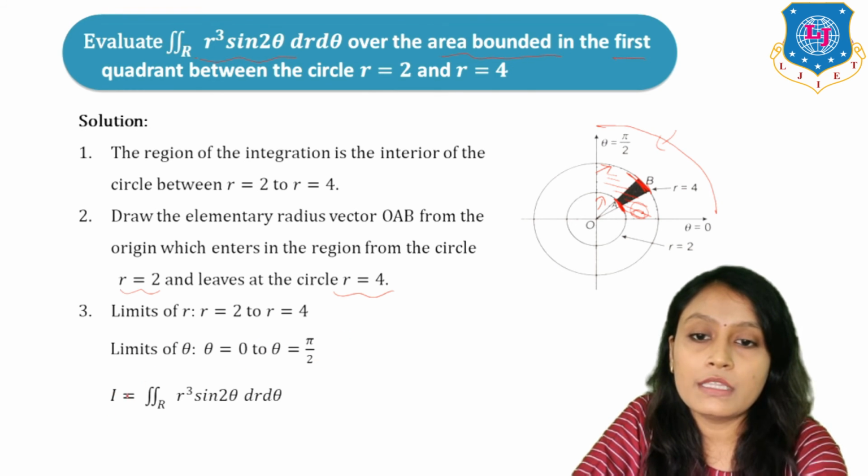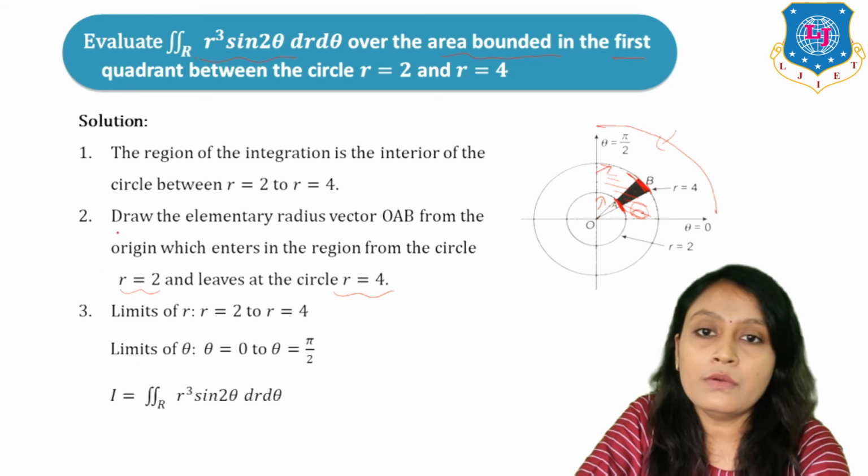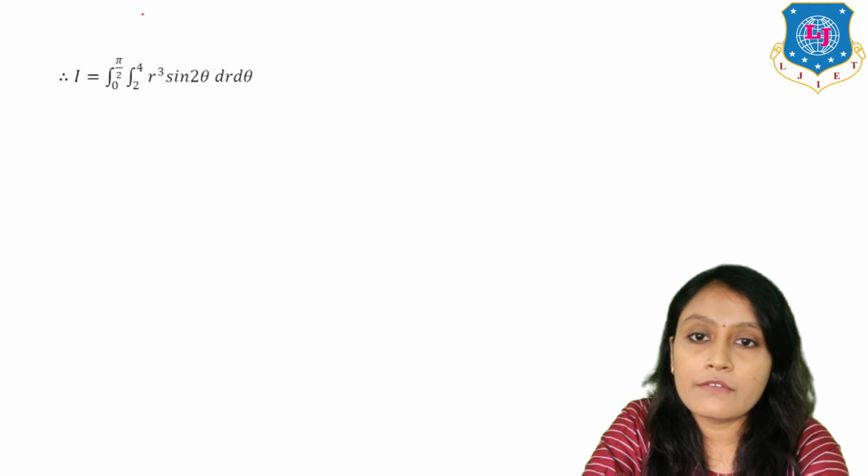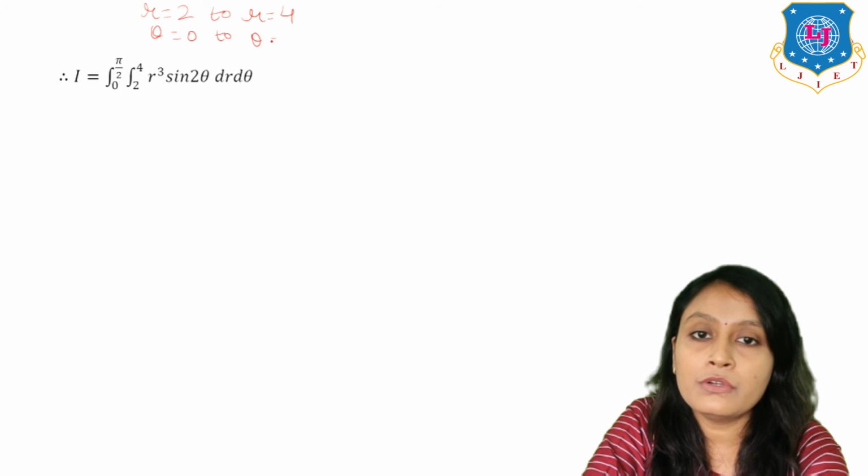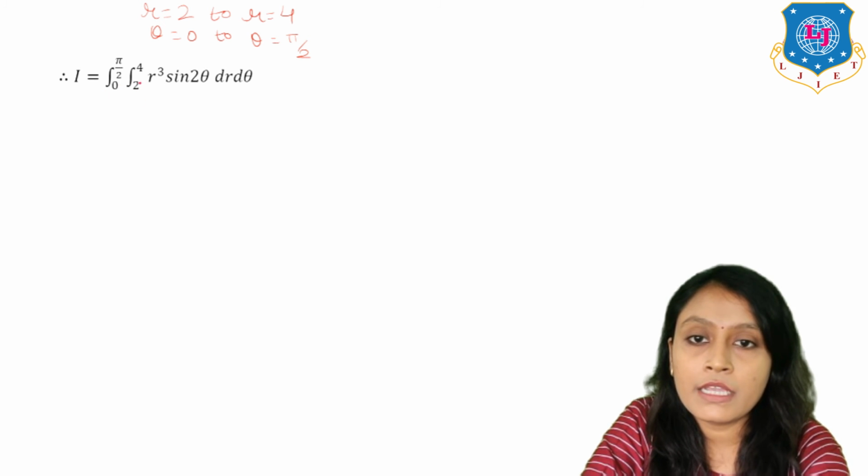So we will evaluate this integration I, that is the double integration over the region of r cube sin 2 theta dr d theta. The limit of r is 2 to 4, and the limit of theta is 0 to pi by 2. Substitute both the limits, and the function is r cube sin 2 theta dr d theta.